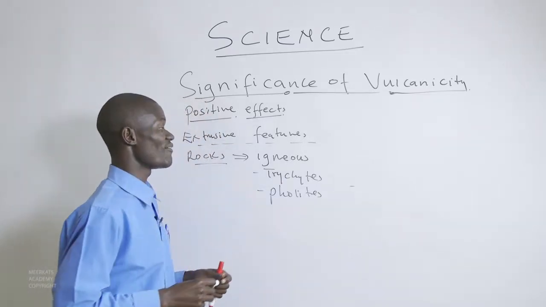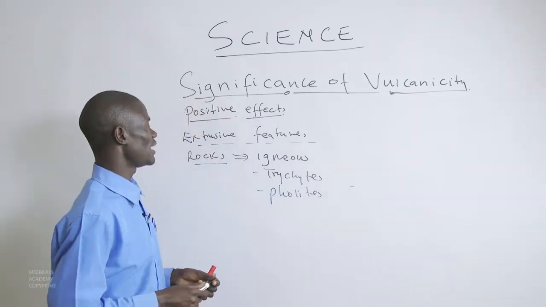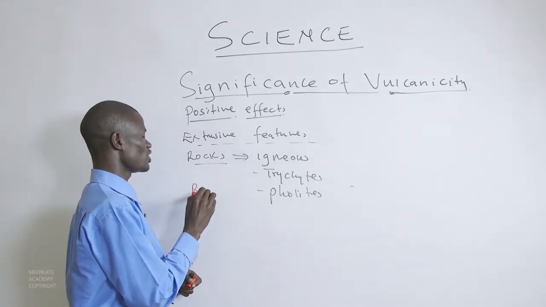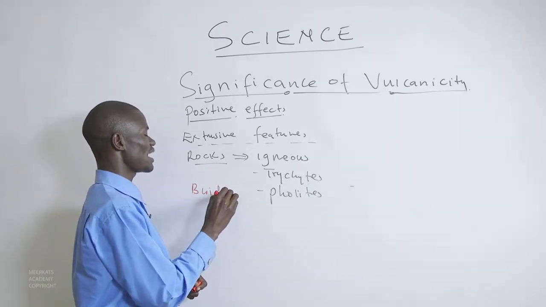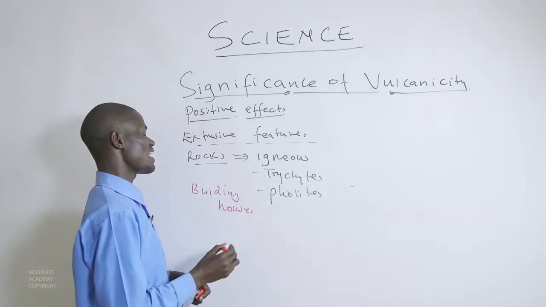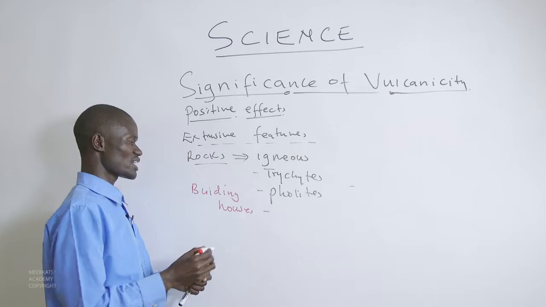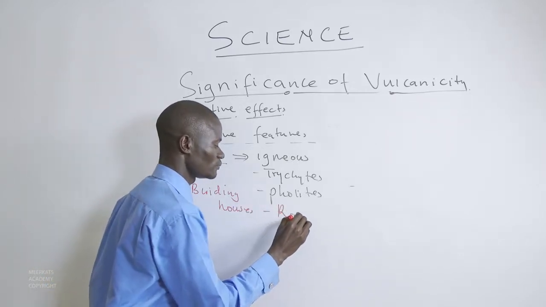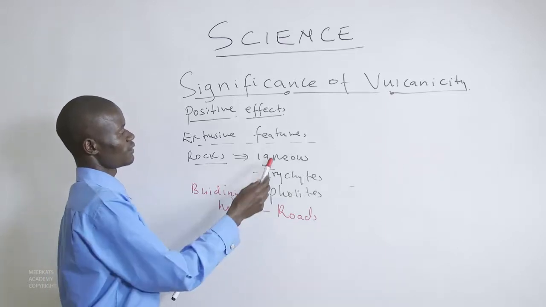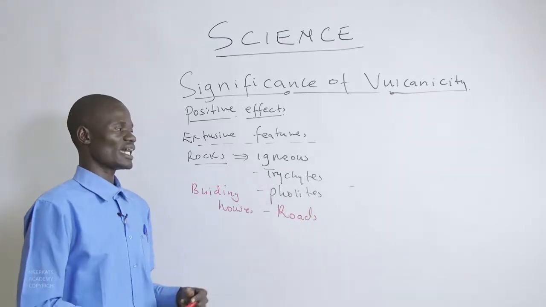These rocks are very useful in the building and construction industry. They can be used in building houses as well as constructing roads. We require rocks such as trachytes and phonolites.